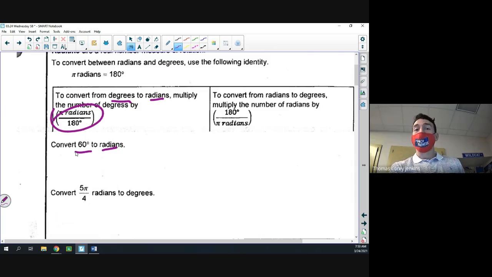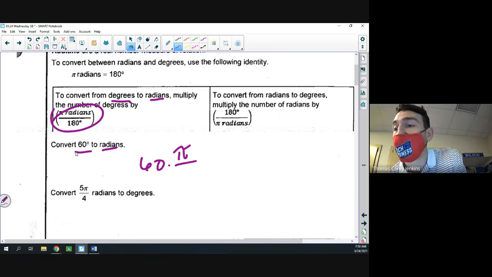This is our conversion factor right there. So we just multiply by that. We just take 60 multiplied by pi over 180. So we got 60 times pi over 180.